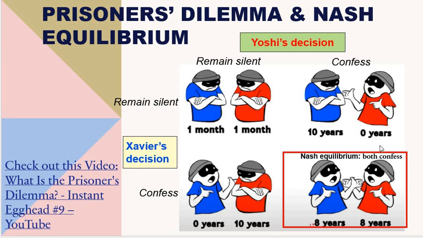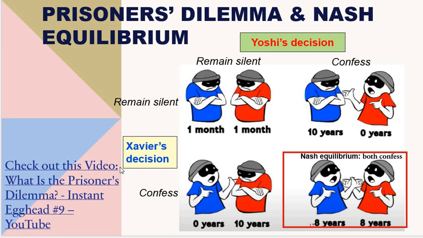So it sounds like telling on the other will be a great idea, because if they remain silent, then I'll be freed. But in fact, when they both choose to confess, they're facing 8 years of imprisonment each, which is actually a bad idea. The best choice for each of them is to both remain silent, so none of them will be put in jail.